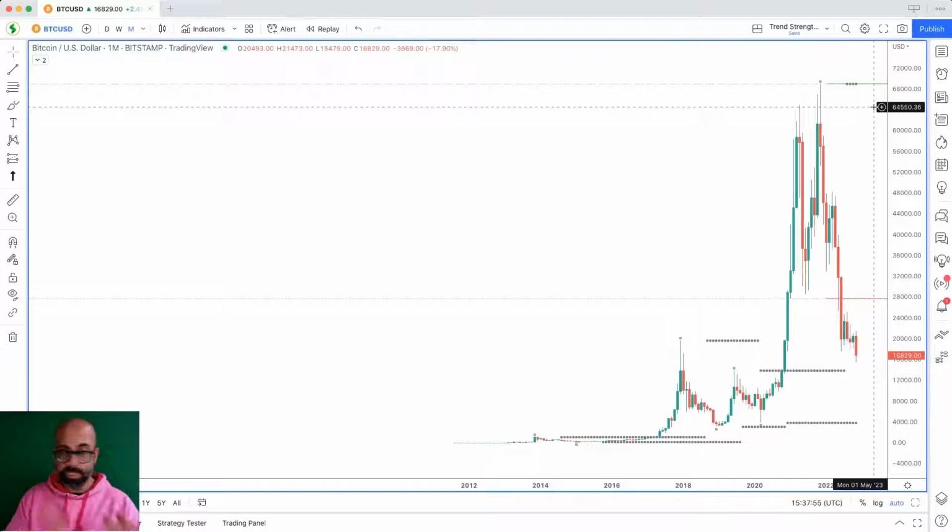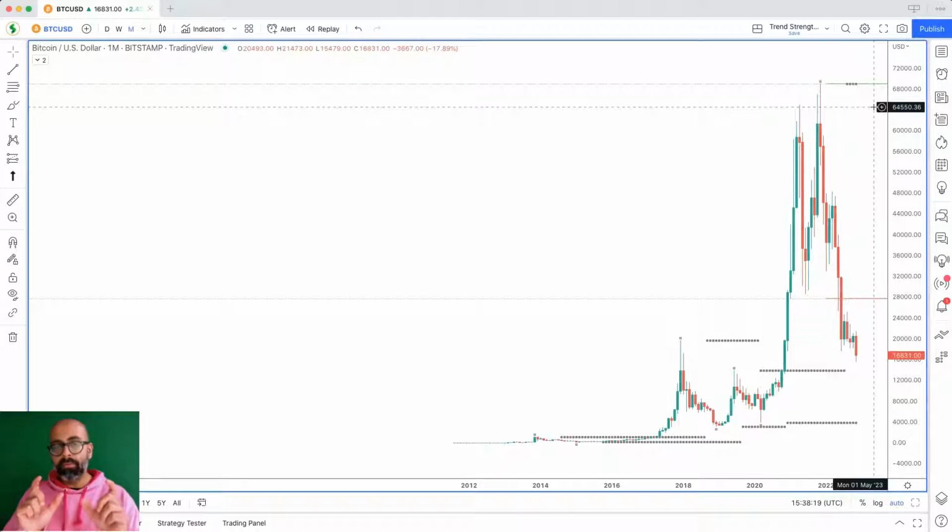And what I mean by that is your entry points have to be good, your stop losses have to be good, your risk management has to be good, the way you trail your position, locking in profit, that has to be good so you don't get stopped out too early. You've got to be able to compound. So as a position is returning you profit, know when to compound, which means buy more of the asset. These are all skills that need to be learned when it comes to a strategy.